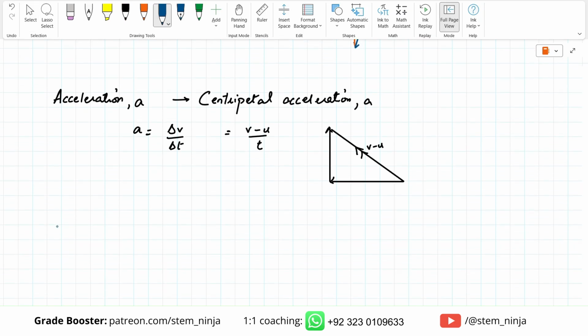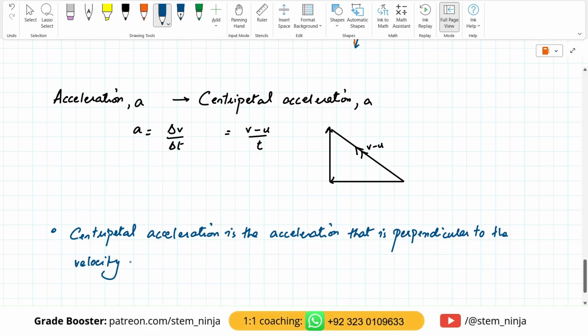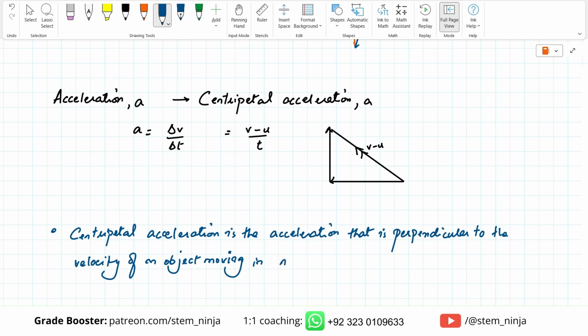So the definition is that the centripetal acceleration is the acceleration that is perpendicular to the velocity of an object moving in a circular path.